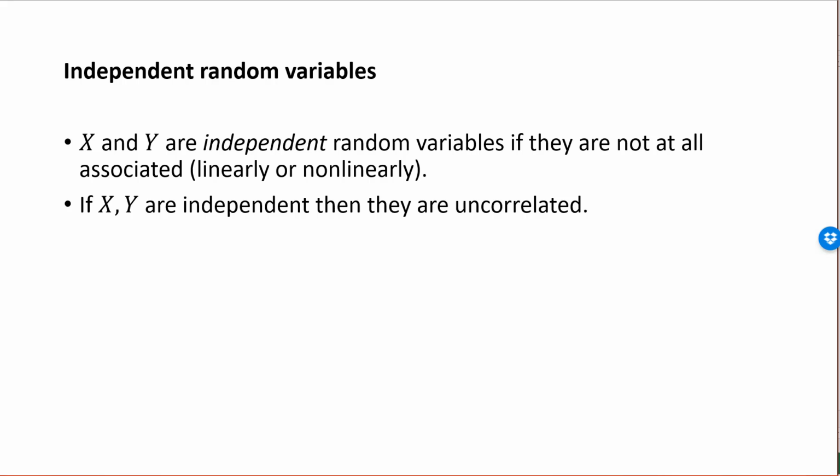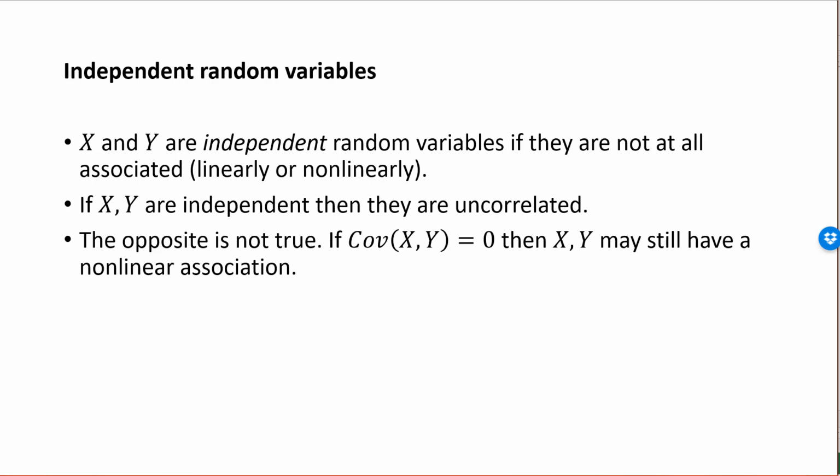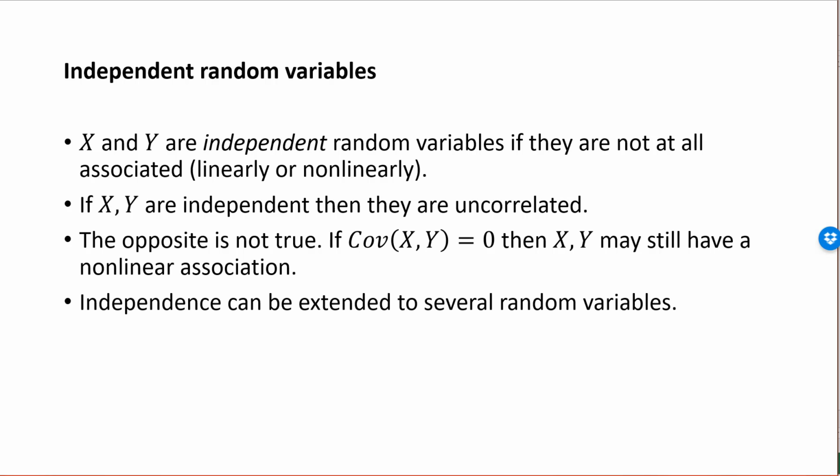So if they're independent, they are also uncorrelated. However, if they're uncorrelated, they may or may not be independent. If covariance is zero, then there could still be a nonlinear association between them, making them dependent. So the concept of covariance can only be applied to two random variables, x and y, while the independence assumption can actually be extended to many random variables.